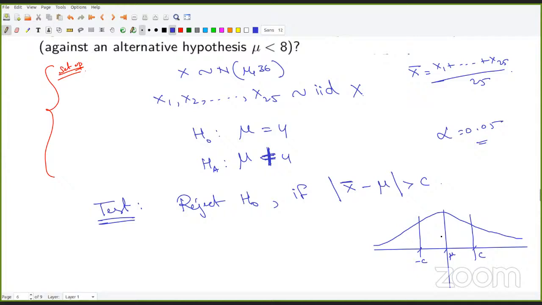If the X bar you get is in this region or in this region, we are going to reject null. If our X bar falls inside the region within c distance from mu, on the left side and the right side, we are going to accept.